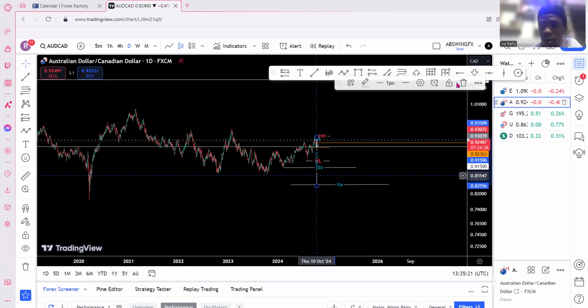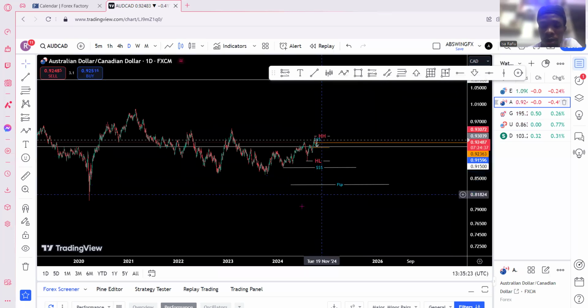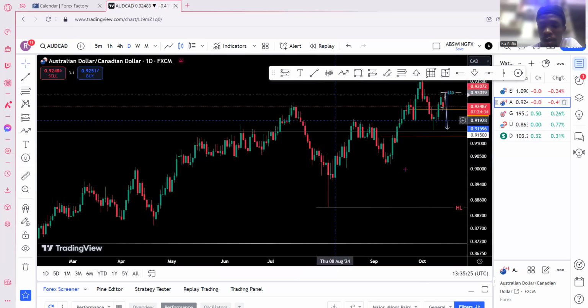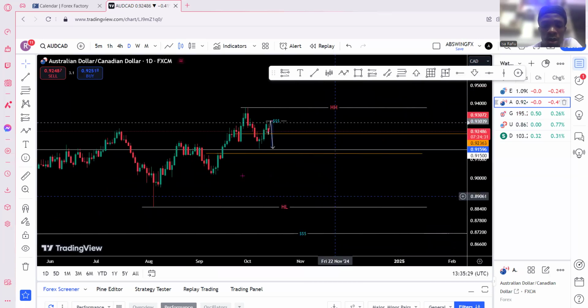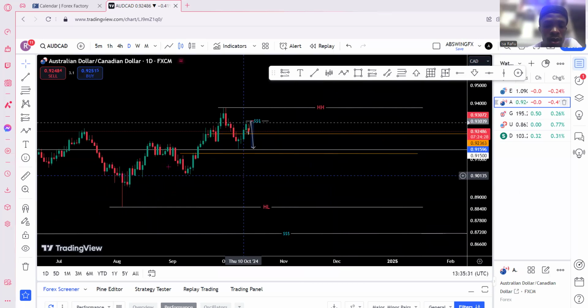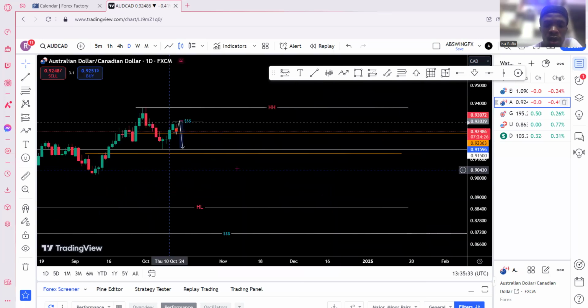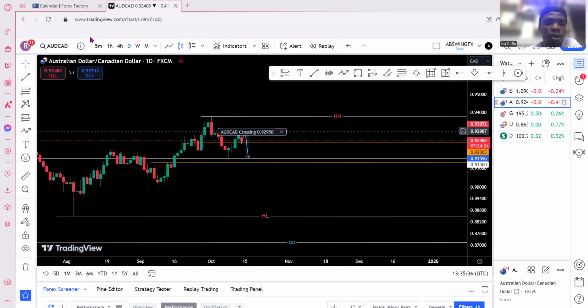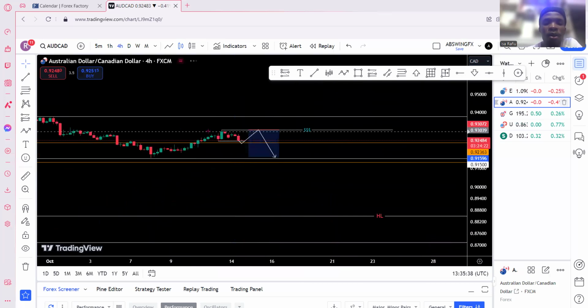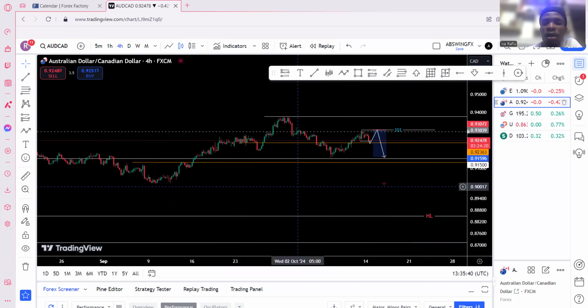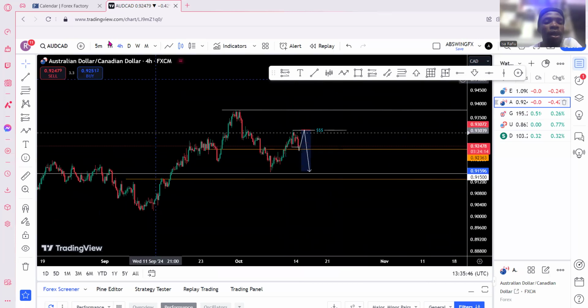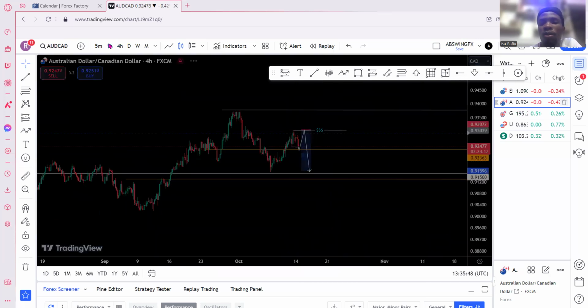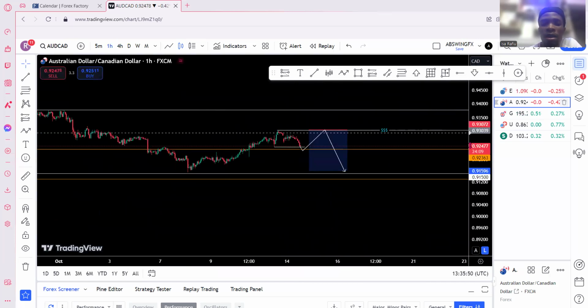And I'm moving these to keep it simple. To keep it simple, I need that pullback to give me that M shape before dropping. And if we start dropping right away from there, well, basically I'm following my analysis.